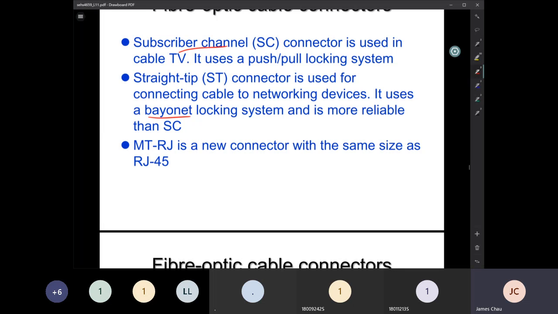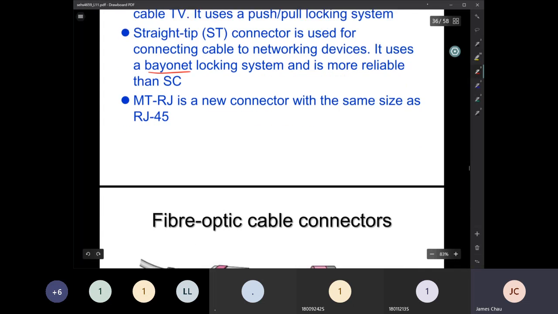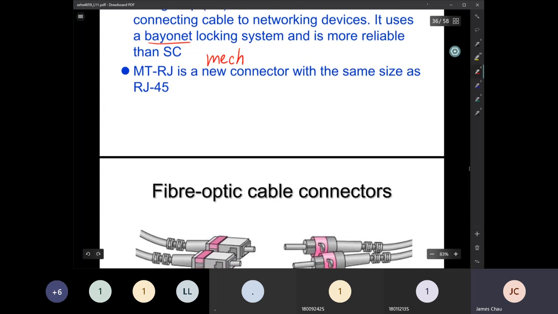And you may have the MT-RJ socket, and MT-RJ stands for Mechanical Transfer Registered Jack.